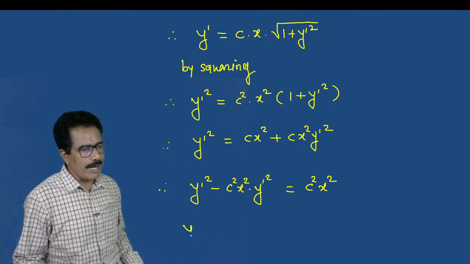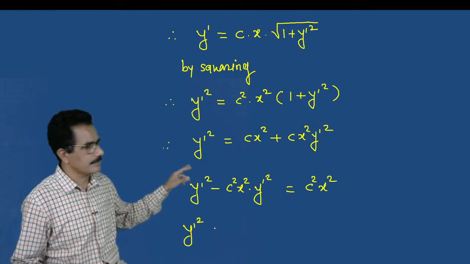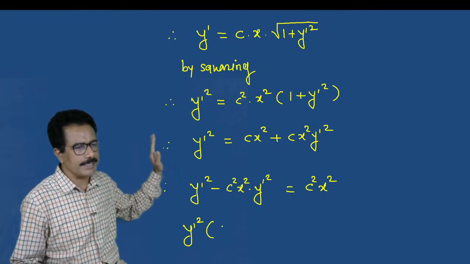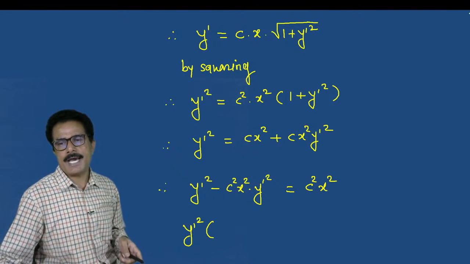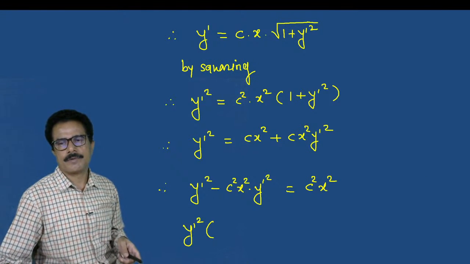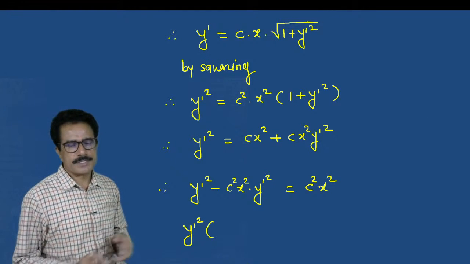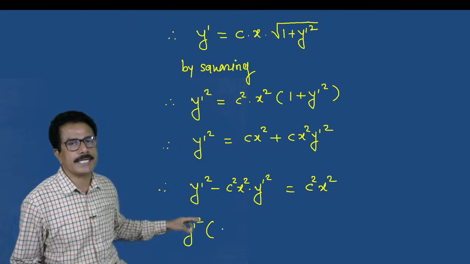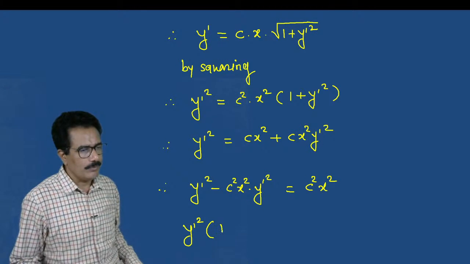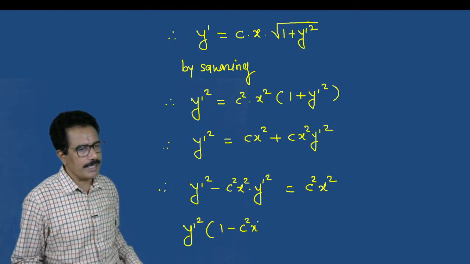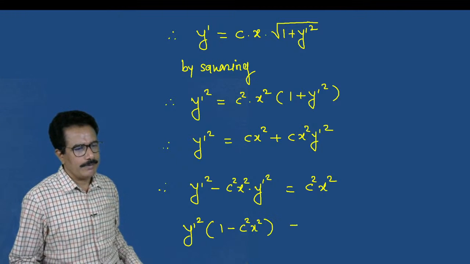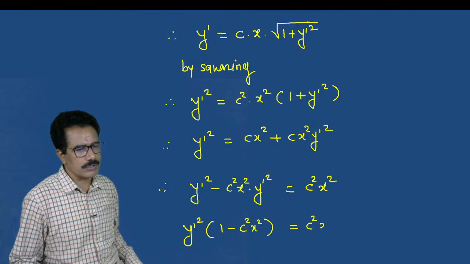We have to calculate this. So take out y dash square common, then the remaining terms in the bracket are 1 minus c square x square, which is equal to c square x square.